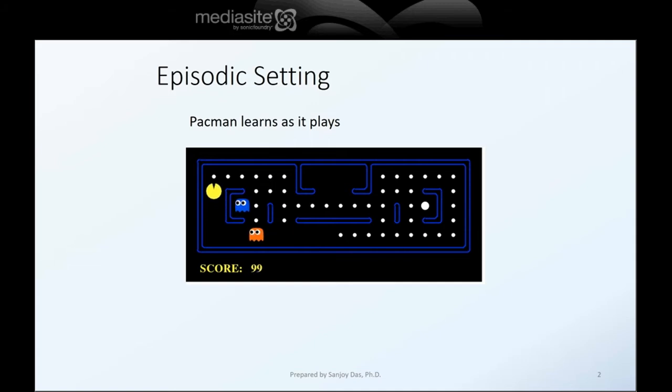So we have to get to the episodic setting. So this is one episode of Pac-Man. The yellow semicircle is Pac-Man, and as soon as it gobbles everything, the episode is over.